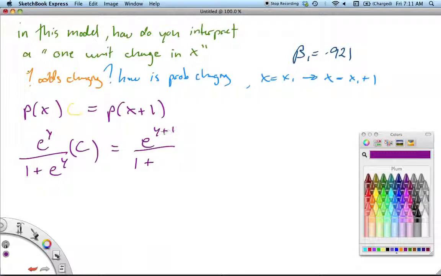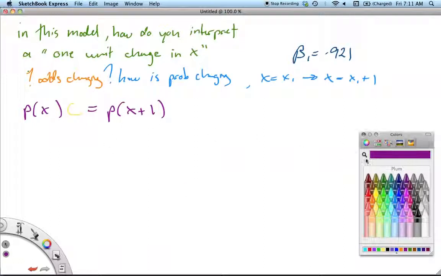Oh, I can't write that. Sorry, I need to go back in time here. Okay, I'm going to continue this over here.